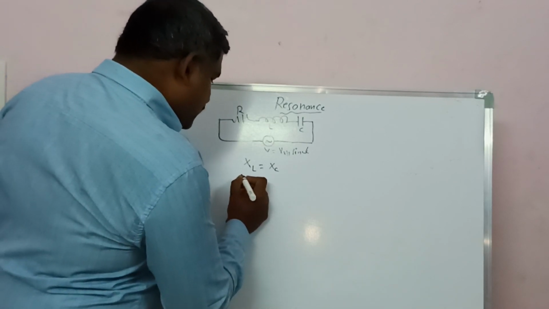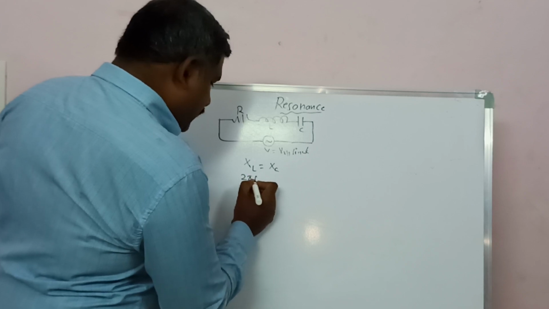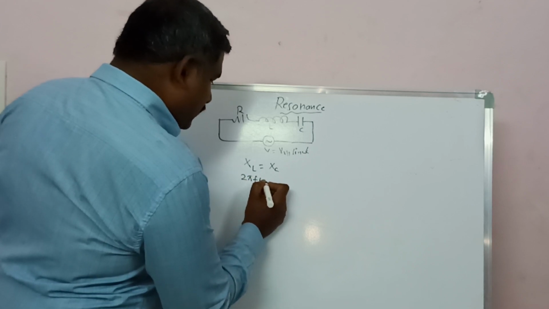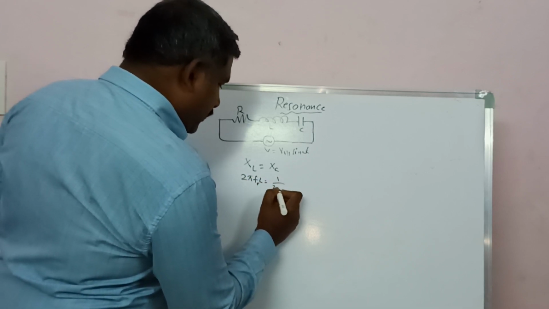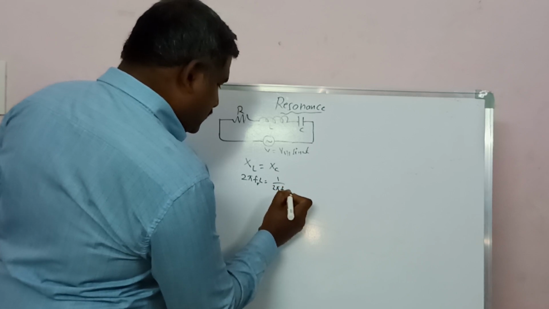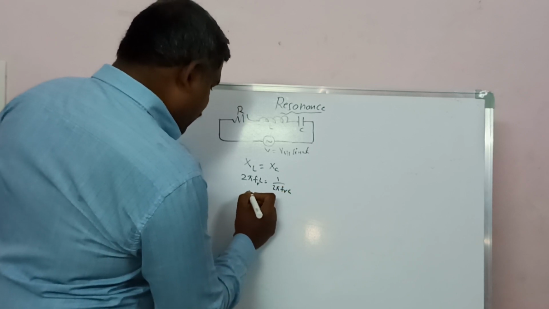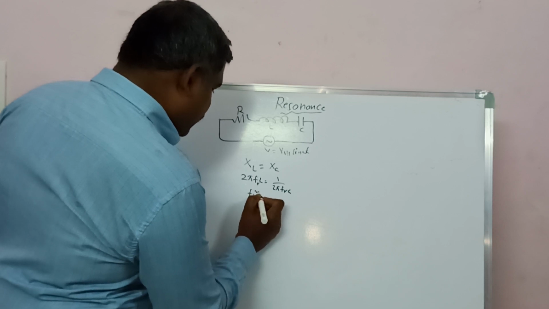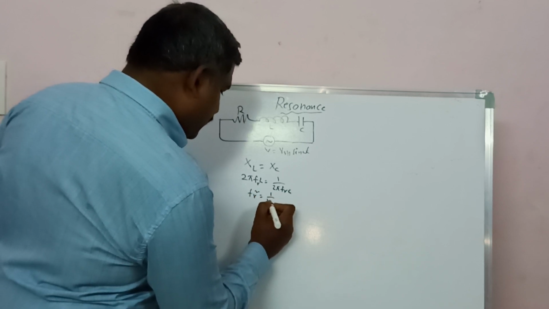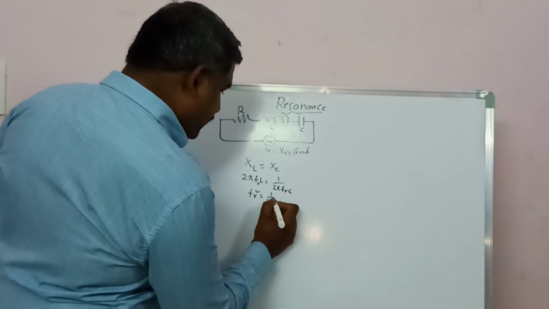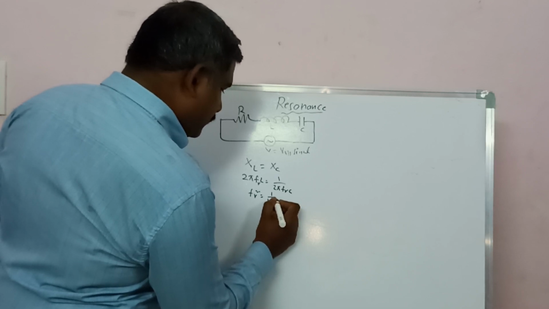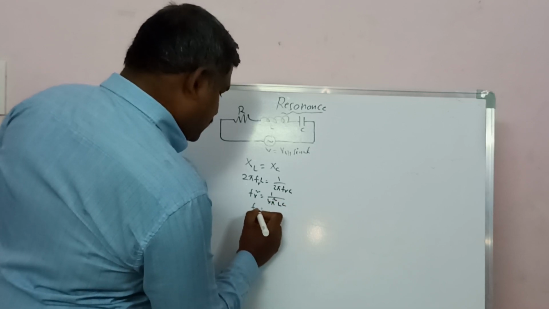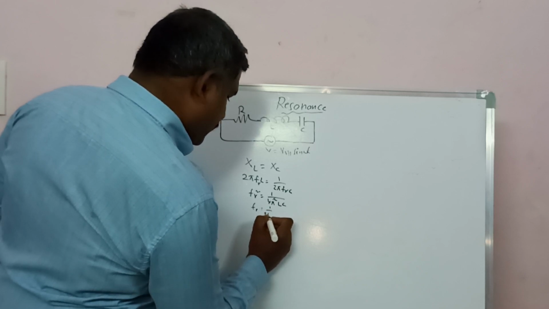So 2 pi FR L is equal to 1 by 2 pi FR C. In other words, FR square is equal to 1 by 4 pi square LC, so FR is equal to 1 by 2 pi root LC.